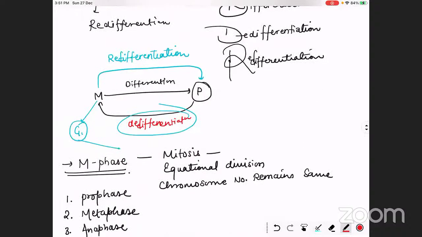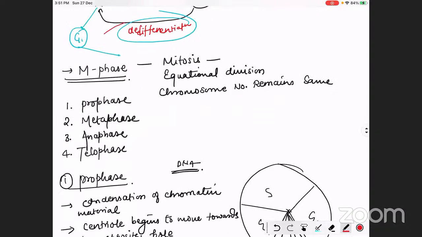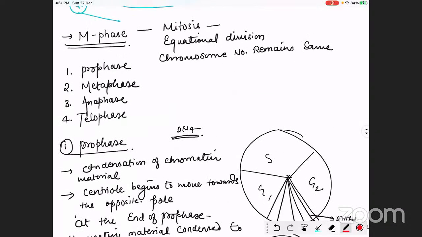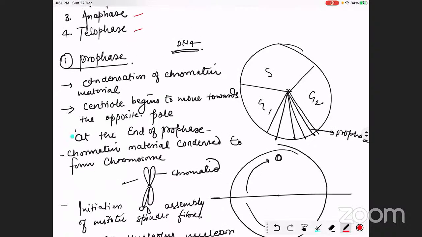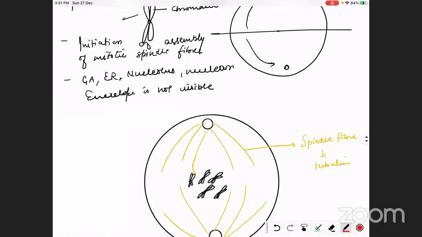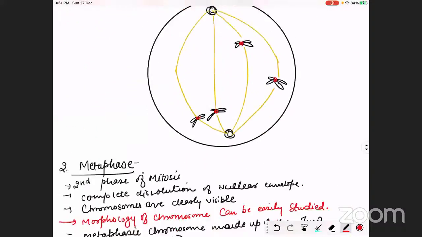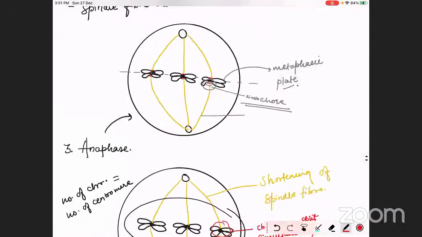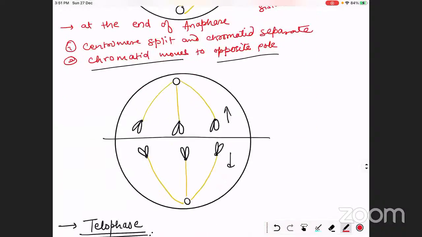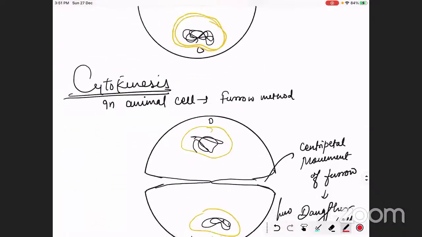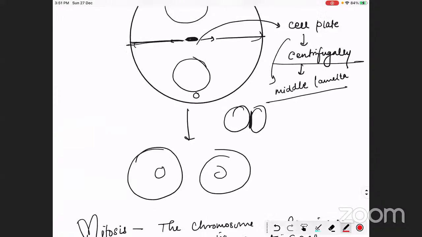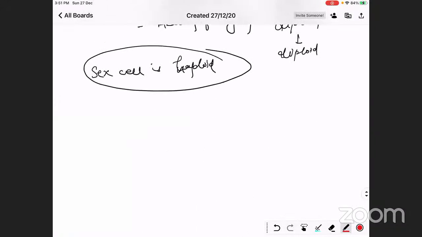Then I told you about differentiation, de-differentiation, redifferentiation, and the G0 phase, the quiescent phase. Then the M phase, four phases: prophase, metaphase, anaphase, telophase. Prophase is about the condensation of the chromosome. Then there are different diagrams you can see to understand the processes taking place inside the cell during mitosis. Okay, so thank you and have a nice day.